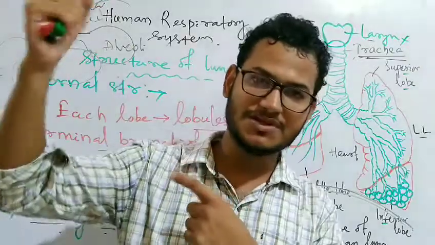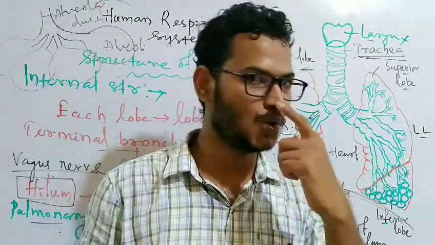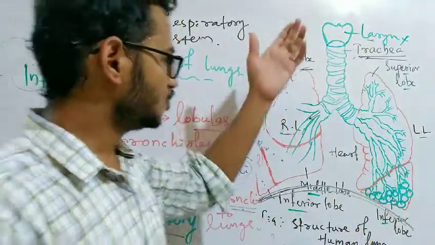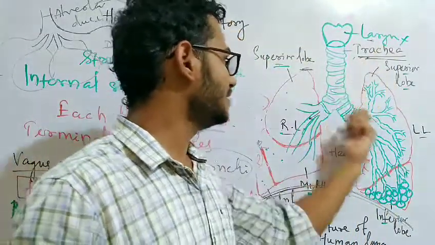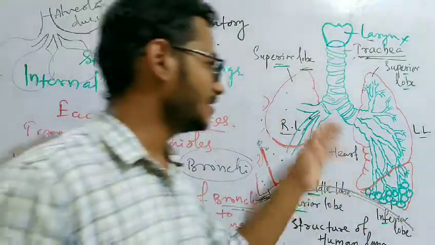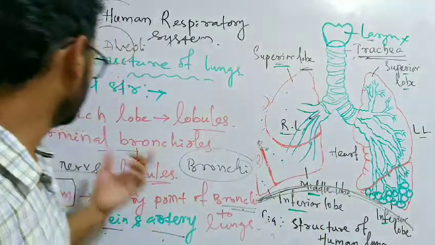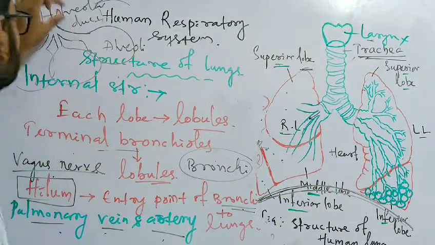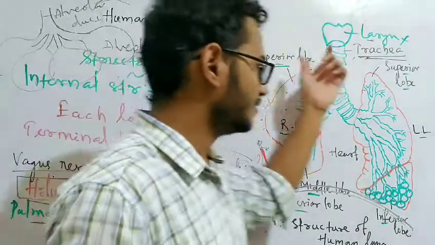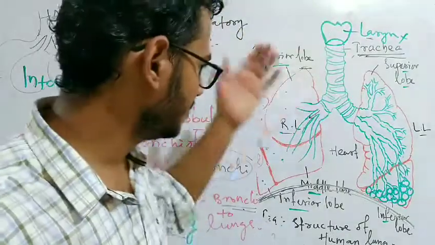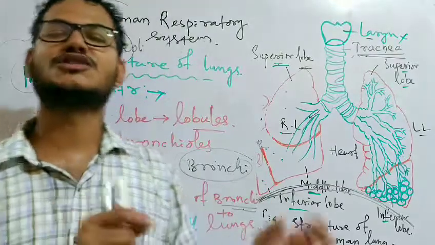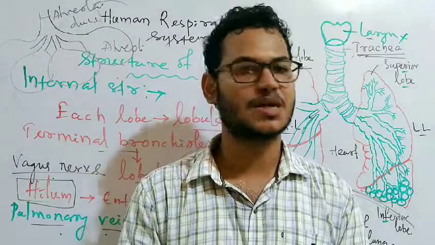Starting from the previous video, we started from the external nose or nostril, through the nasal cavity, pharynx, then through the larynx, trachea, bronchi, bronchioles, then different parts of the bronchioles like the primary bronchioles, secondary bronchioles, terminal bronchioles, then the respiratory bronchioles, alveolar duct, atrium and alveoli, and this is the way through which the air enters the lungs and comes out from the lungs. So this is all about the structure of the respiratory system of human beings.